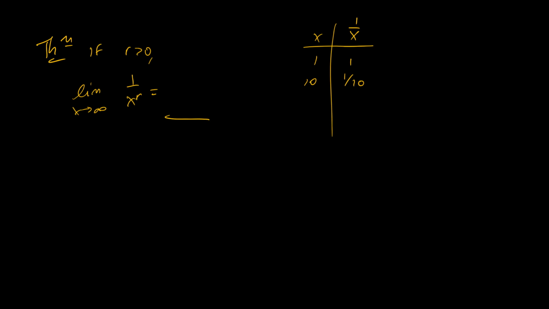What I like to tell students about this is that 1 over x is the percentage of the pizza that you get when you're sharing it with x people, right? So if you share a pizza with 10 people, you get 1/10 of the pizza. And the more people walk in the room, what happens? The smaller your share of the pizza gets.